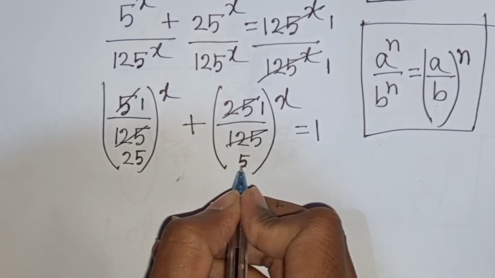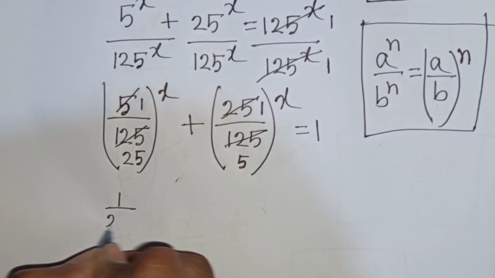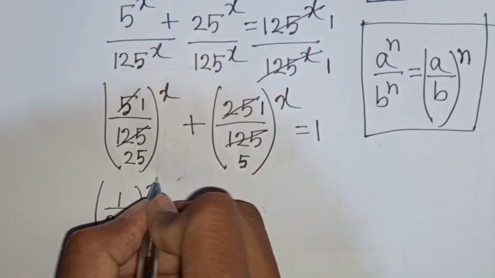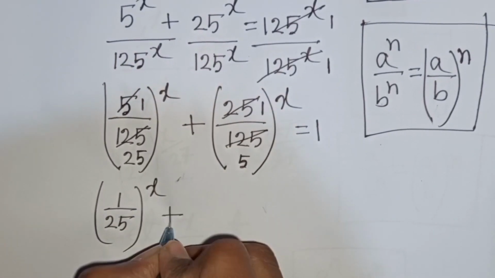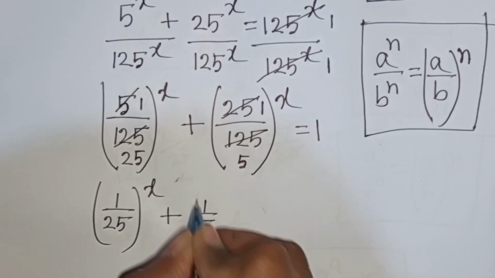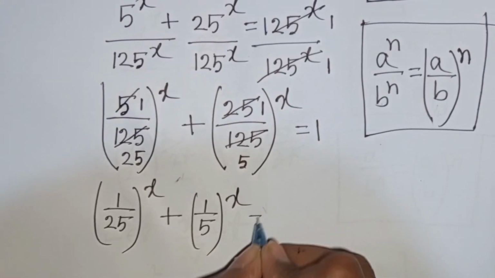So we have 1 over 25, then bracket power of x, plus 1 over 5, then bracket power of x, is equal to 1.